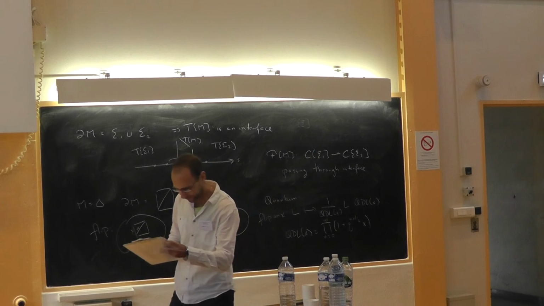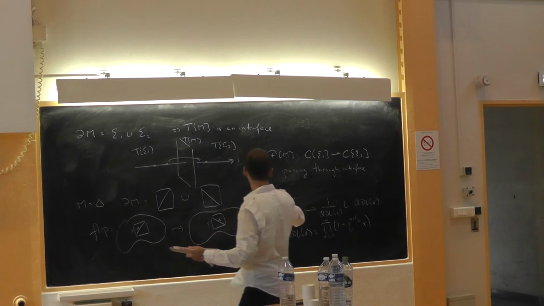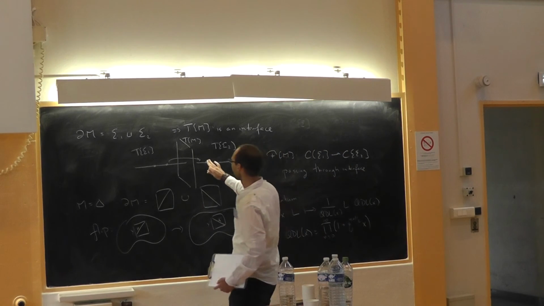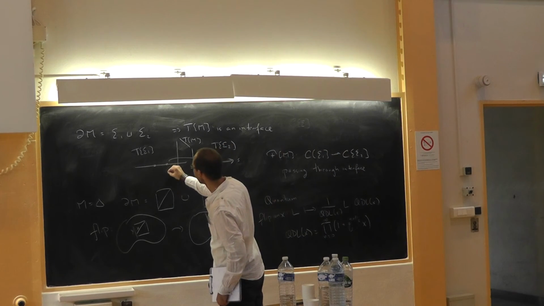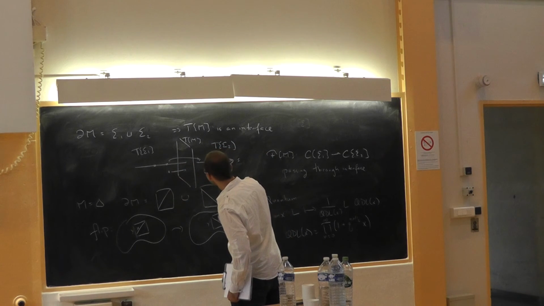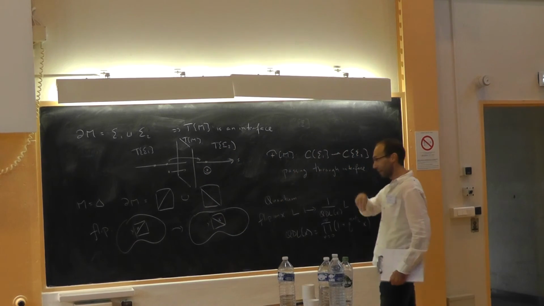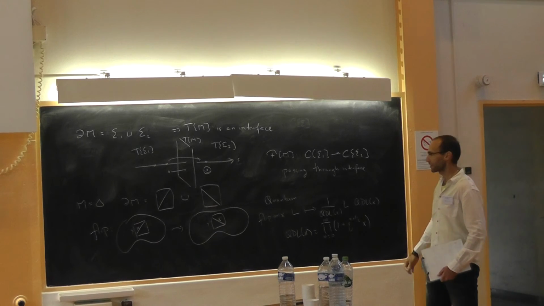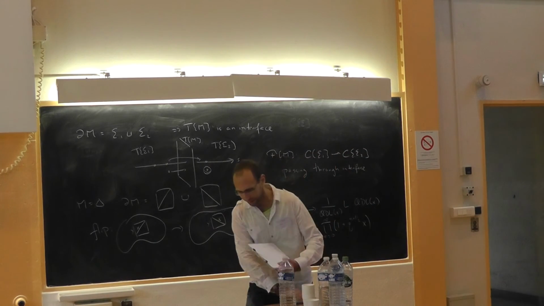I should also say, you can sort of visualize why this is a conjugation. What happens if I take a line operator on one side and push it through the interface? I get a line operator surrounded by a little bubble of interface, which is where the conjugation is coming from.